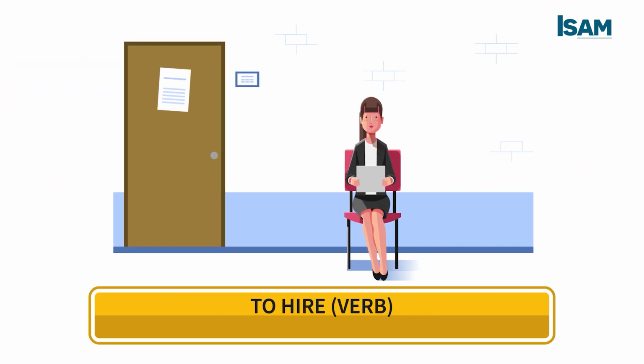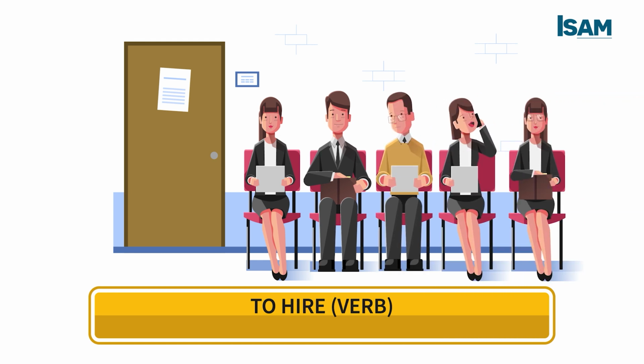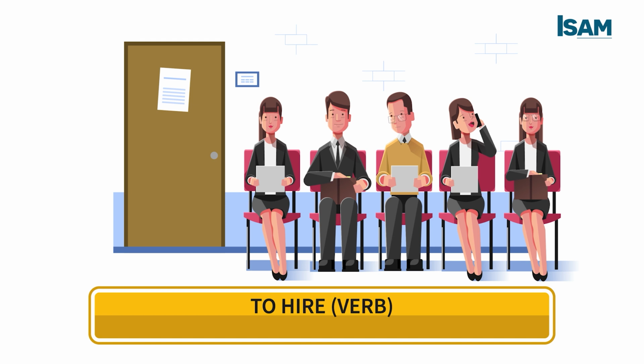To hire is a verb. It means to give work or a job to someone in exchange for a wage or a salary. For example, they are going to hire at least 5 new people.